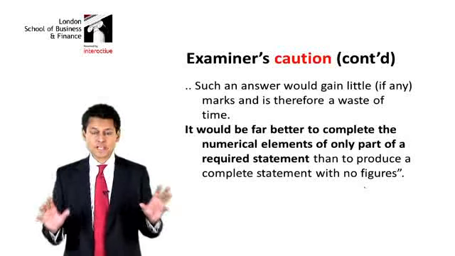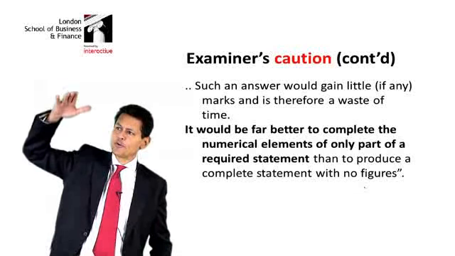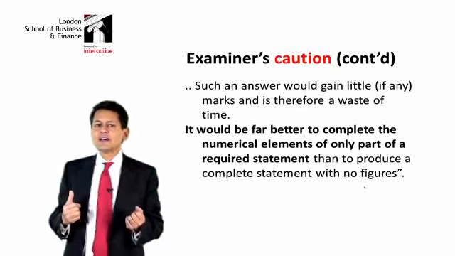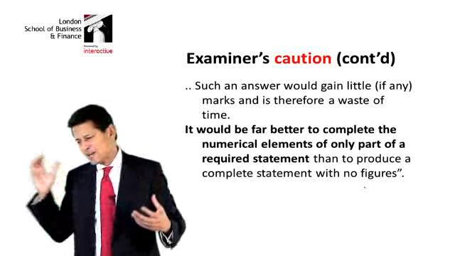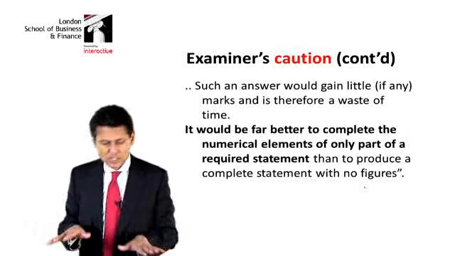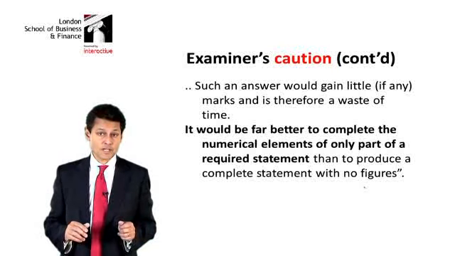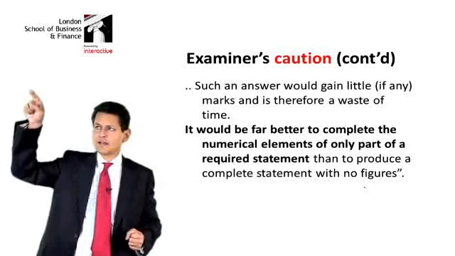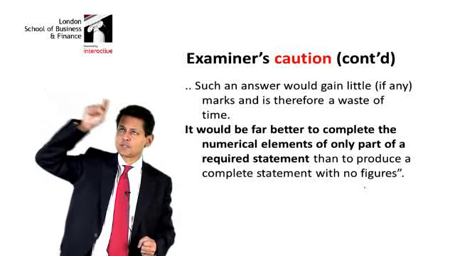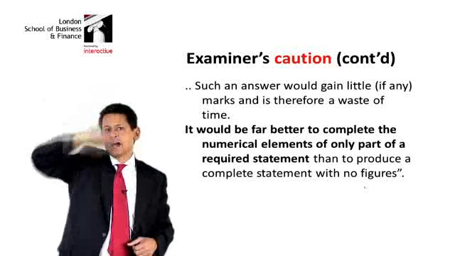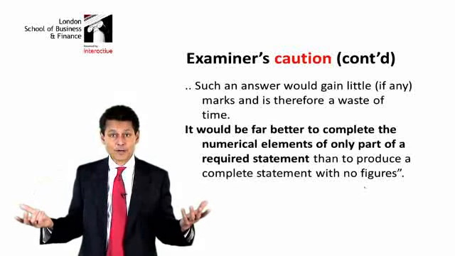So many students say to me, let me just write out a blank format without any numbers, and I'll get a few marks for knowing the format. The examiner at F7 says, well, that really belongs to F3. At F3 level, some very foundational skills are quite useful to impress the examiner with. But at F7, what he's saying is just put in one line of a description with a number, and I'll actually give you some marks, rather than writing out an entire blank format and getting nothing for it.